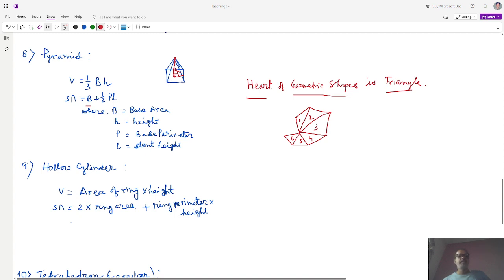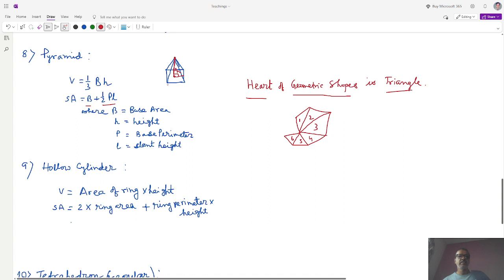In this case, the base is a quadrilateral, so there are four slant surfaces, and we calculate the area of the slant surfaces with this formula, half into P into L. Base perimeter is this plus this plus this plus this.